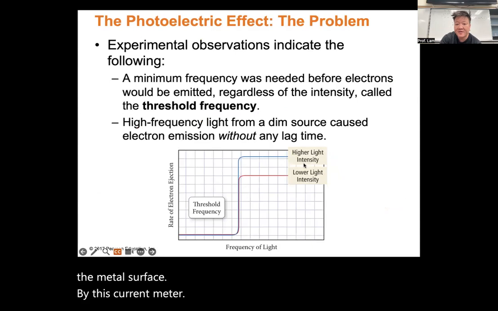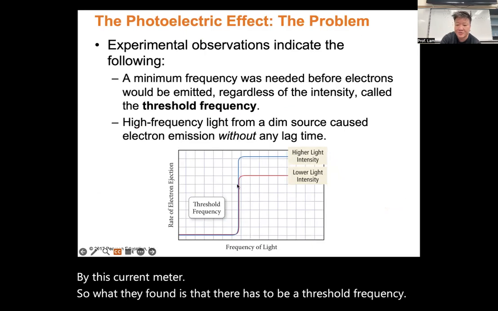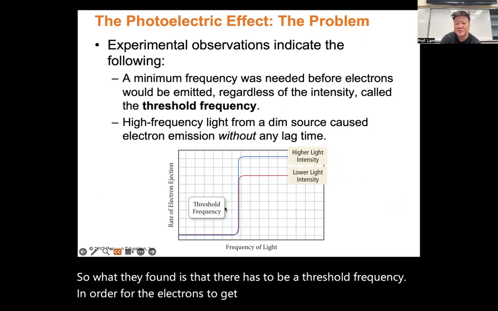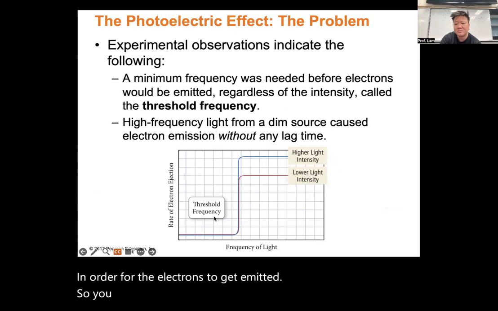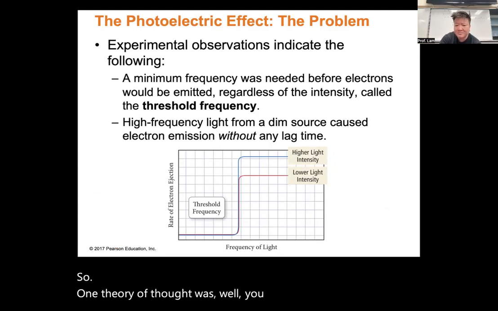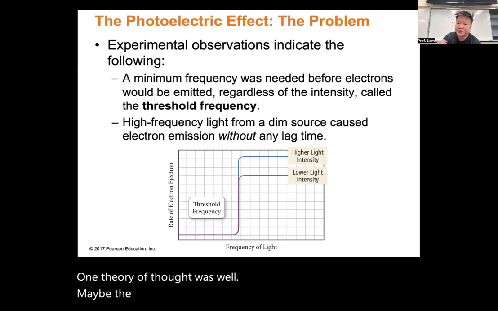So what they found is that there has to be a threshold frequency in order for the electrons to get emitted. One theory of thought was, maybe the metal surface could save up light.